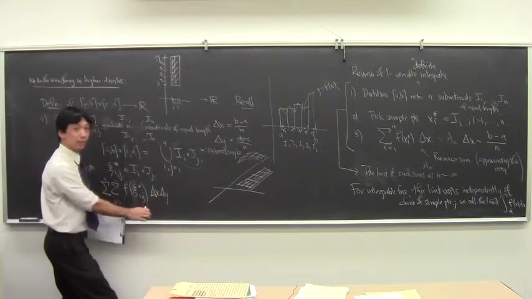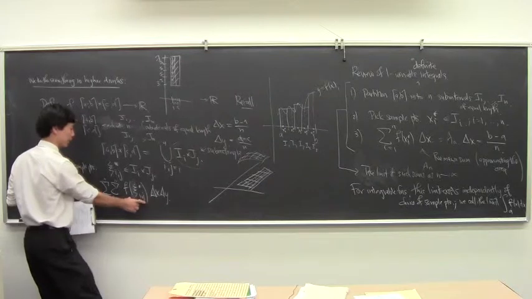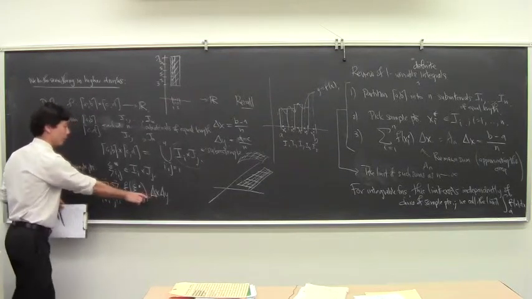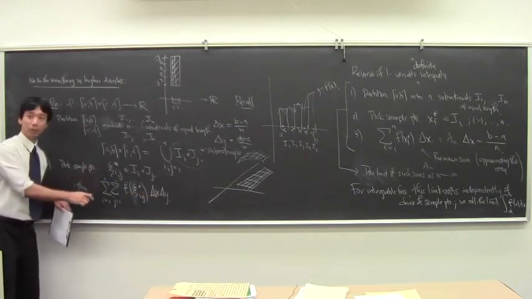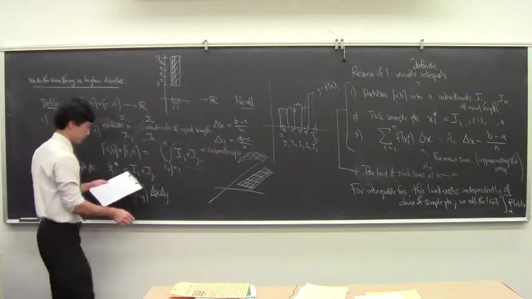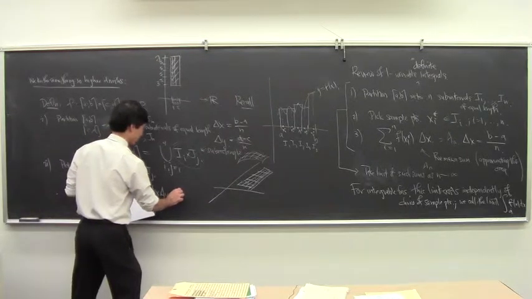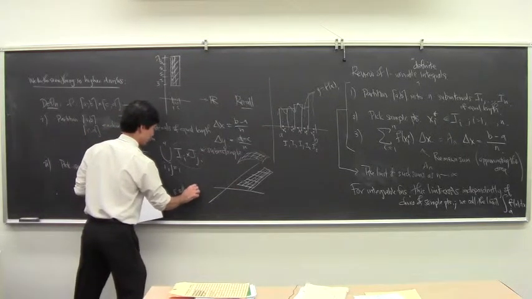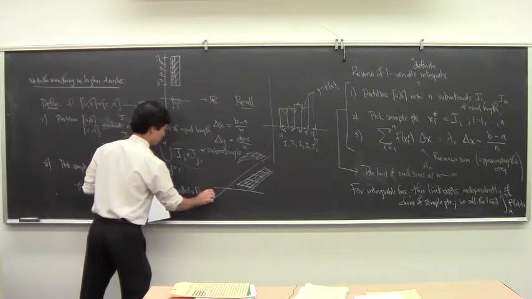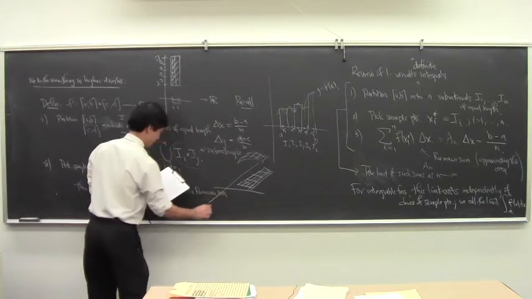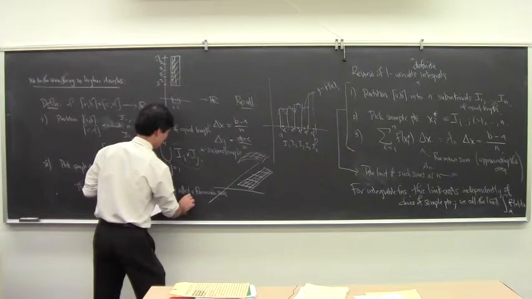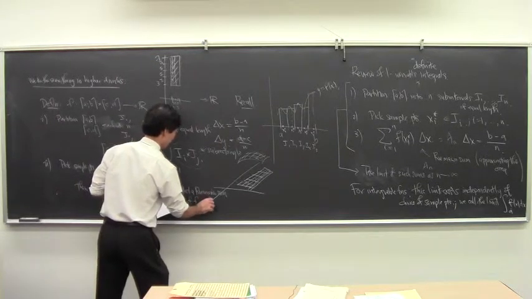This is the area of the base. Area of the base times the height, you get the volume of the parallelepiped, and you sum over all parallelepipeds. It's called a Riemann sum of f on AB plus CD.